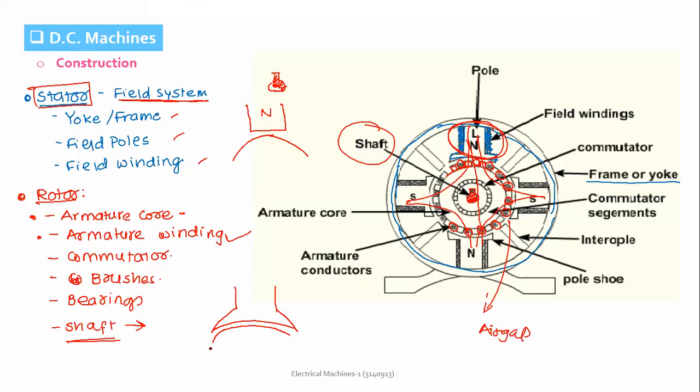Now what do you think, where do you find the air gap is minimum between stator and rotor? Here or here? See, here the flux distribution will be like this, and here the flux distribution will be like this.